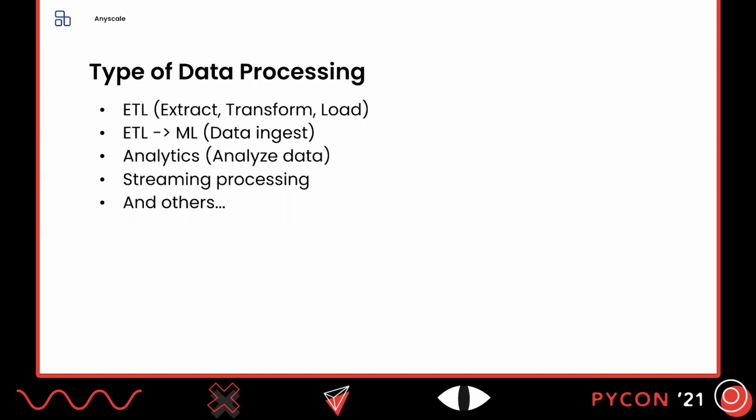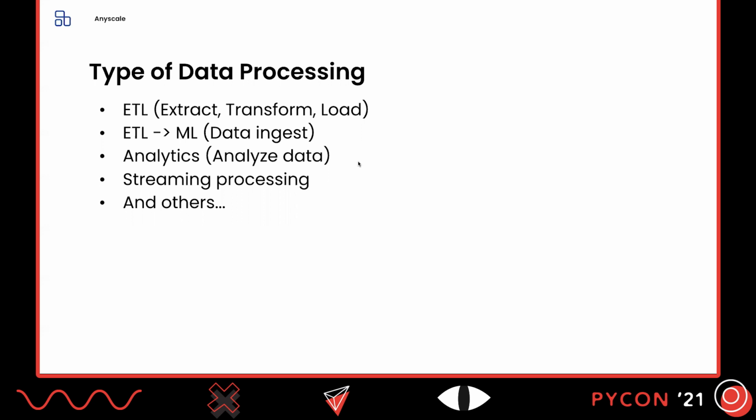So let me first go through what types of data processing are out there. Firstly, the most common data processing workload is the ETL type of workload, which basically extracts information from some files, transforms the data into a different format, and loads it into different files. Usually people write jobs that run over hours for ETL workloads. Another type of workload is data ingest.